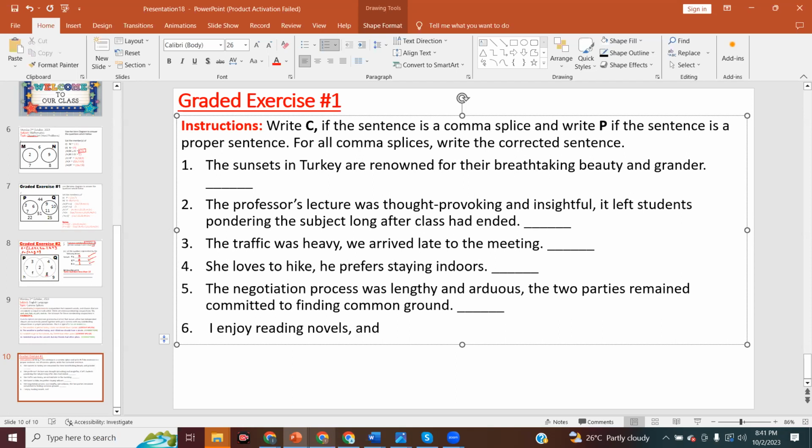Write the questions as well. Okay. I enjoy reading novels and they increase my comprehension skills.